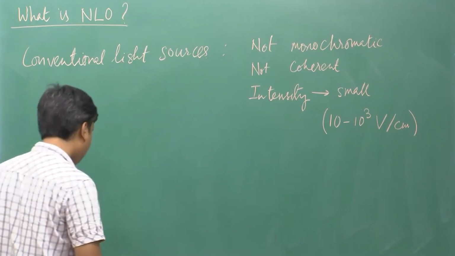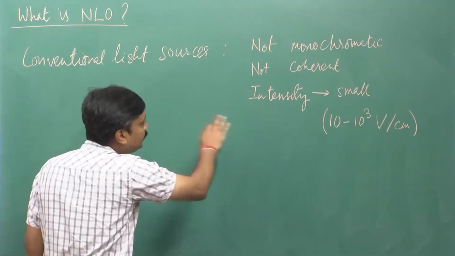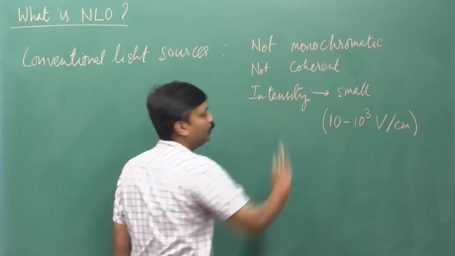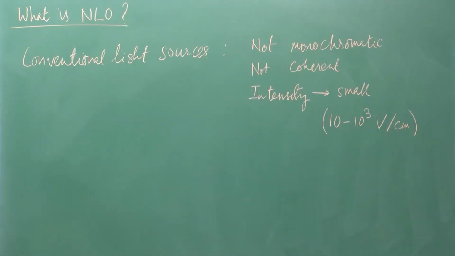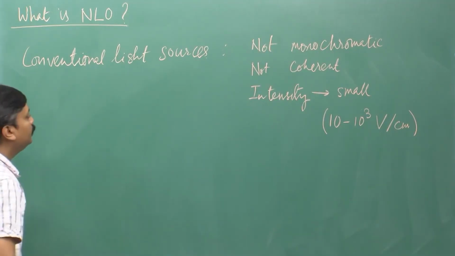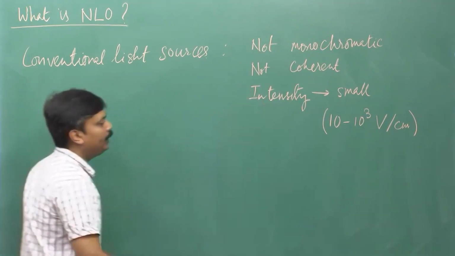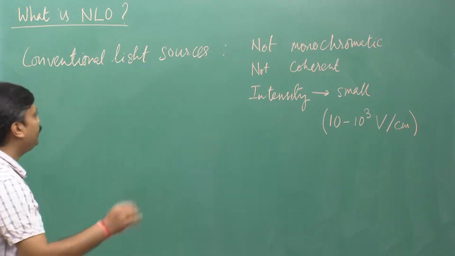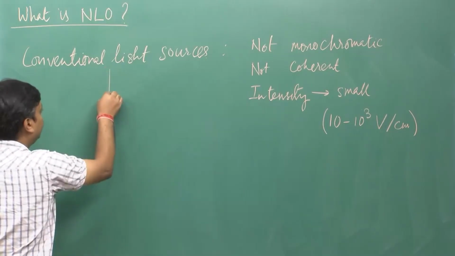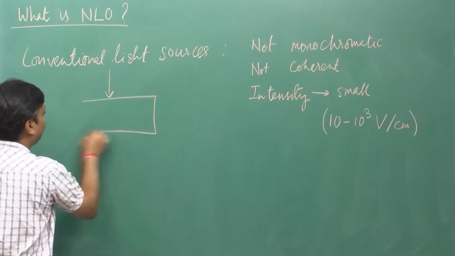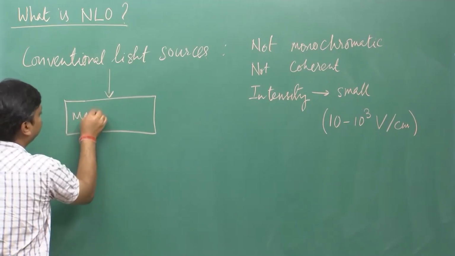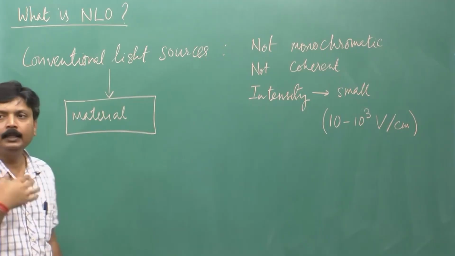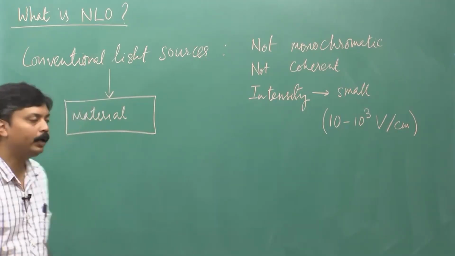Now, if I forget for a moment about the wavelength or the phase and just consider the intensity of light, and this electric field is allowed to interact with some material, which we can take as a dielectric, for example.